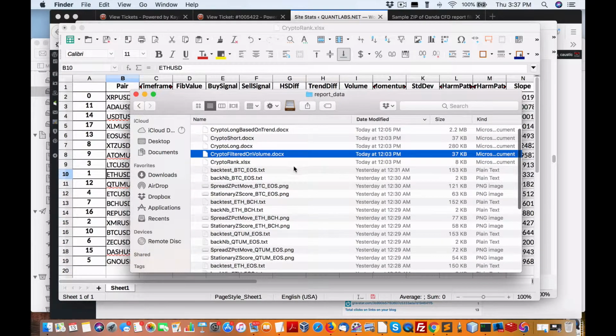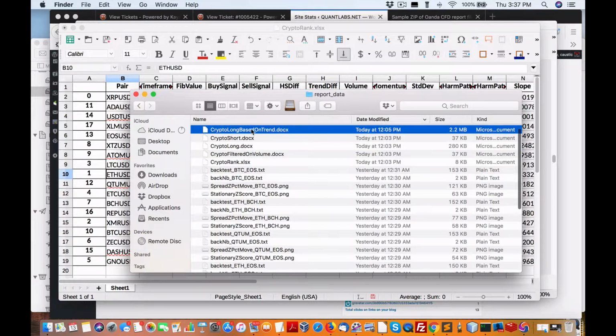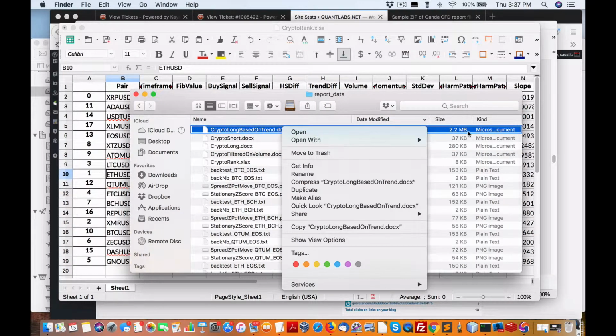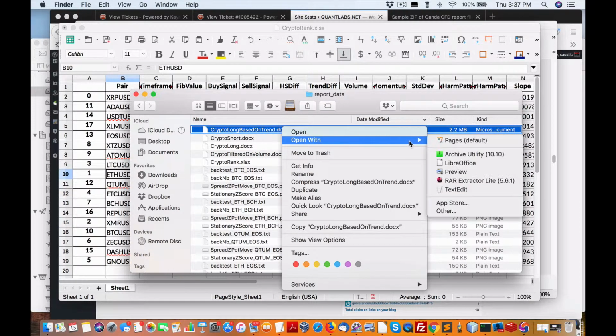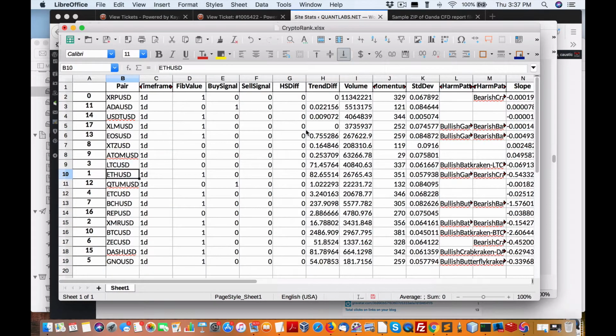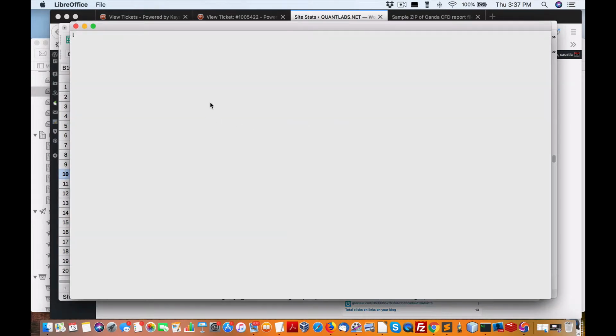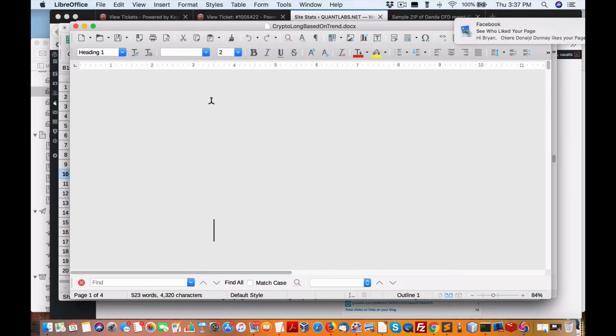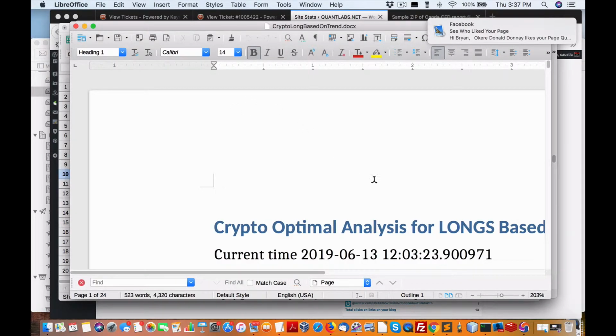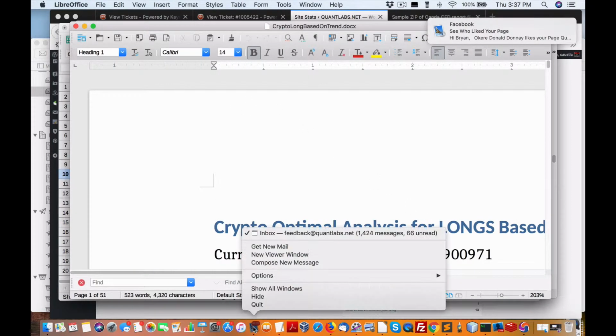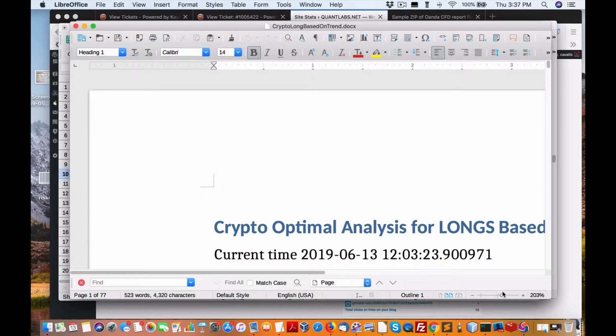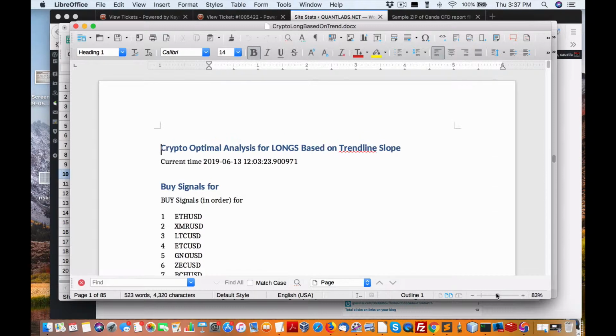So we have the long, so we're now basing it on trend. See, this one's a fairly big file, 2.2 megs, pretty big for a Word document, or at least the ones that get generated here. So let's see what this generates. It's the same format, just filtered on slope.